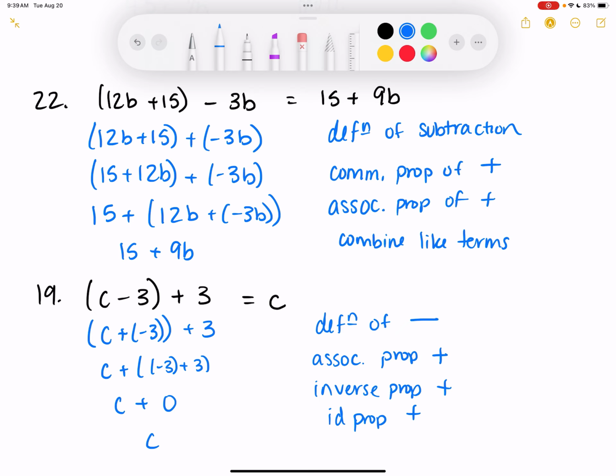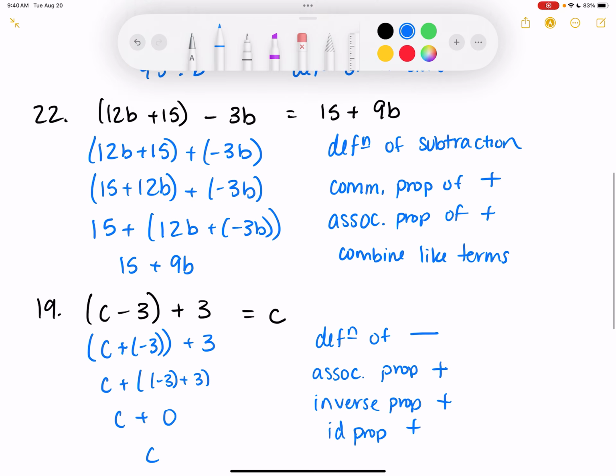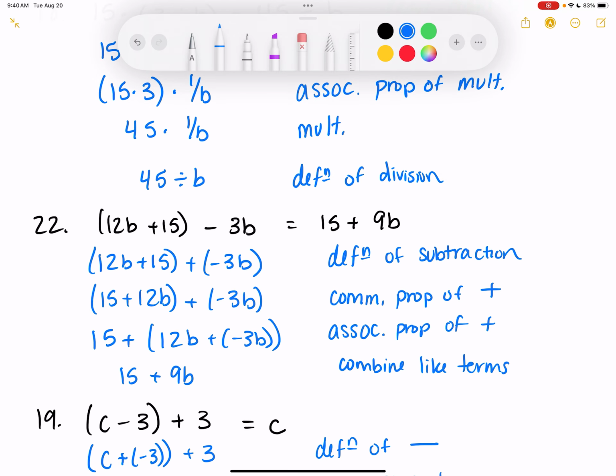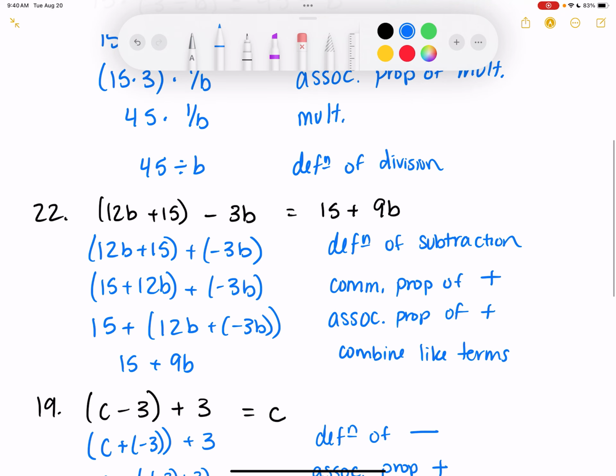You have to get rid of the minus 3 and make it a plus negative 3. So you do definition of subtraction. Yep. Then what? And then you got to do associative property of addition. And what does that do? Parentheses go over to negative 3 plus 3. Yep.